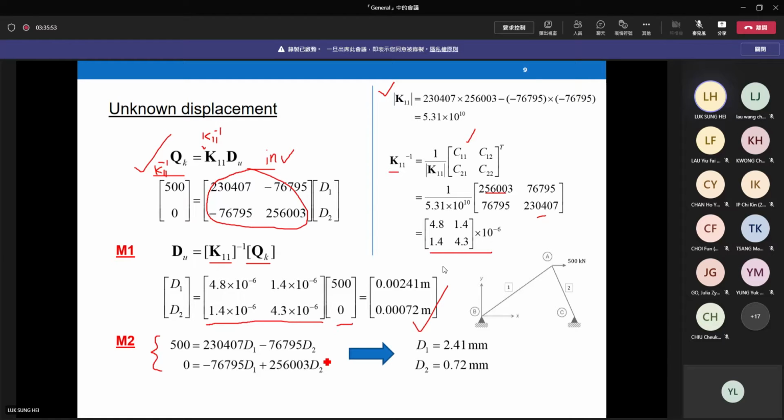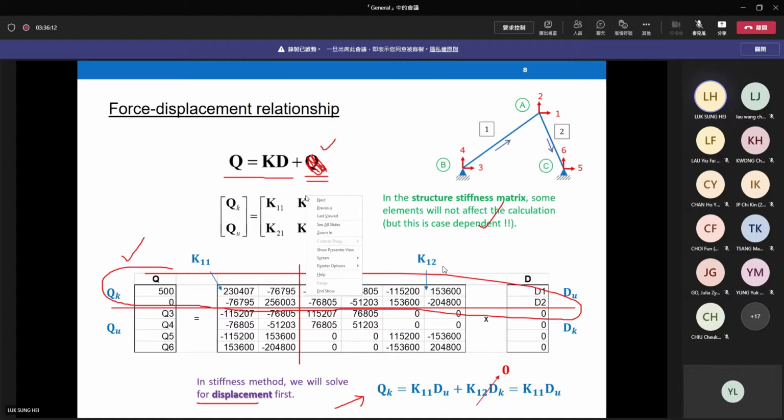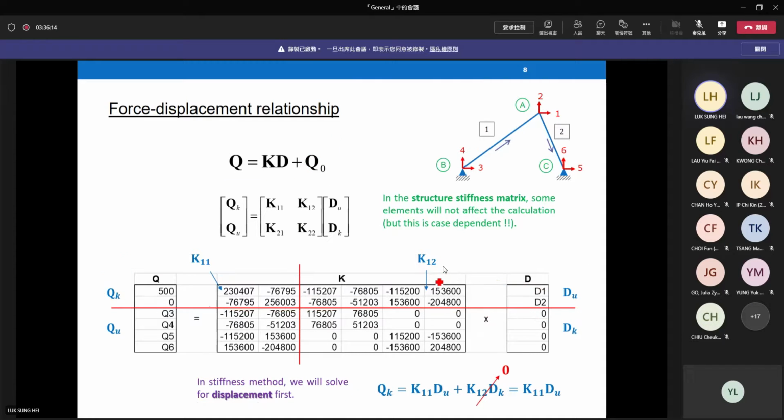So you can decide which method is more appropriate for you, inverse or solving simultaneous equations. For your information, for the quiz or final examination, because of the time constraint, normally I will not give you too complex questions. Normally in the quiz and examination, I give you up to three unknown displacements.